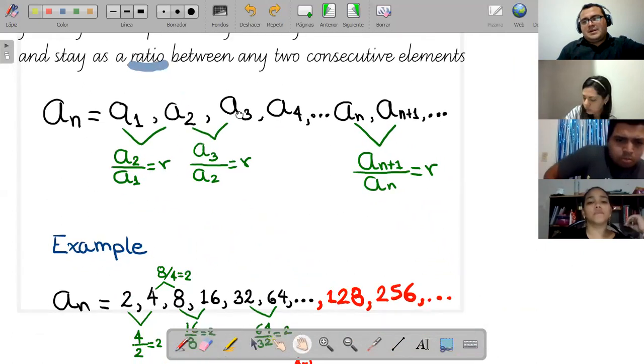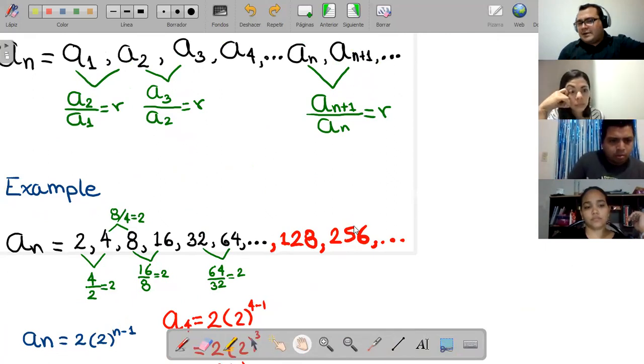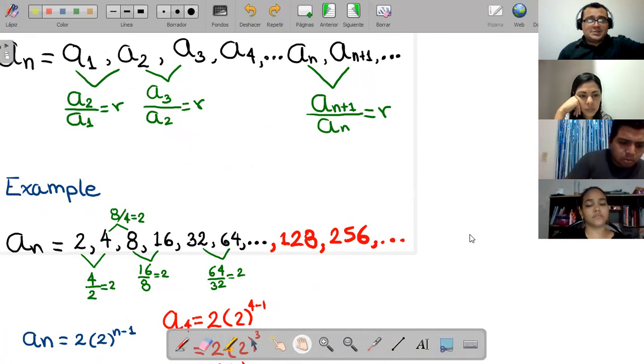Of course, we're not gonna try with, I mean, here we can try with 2 and 4, with 4 and 16, but you're not gonna compare them with the number in the 100th position. You're not gonna try it, right? Will you try all those values to see if they really make that division 2? Don't know if you understand my point.